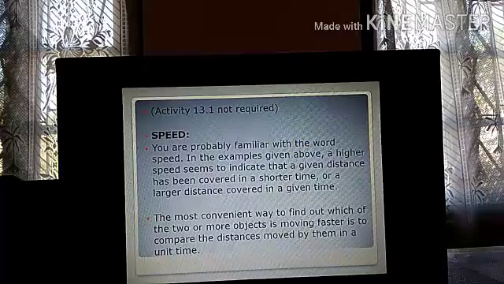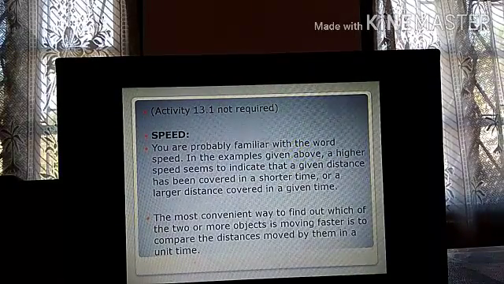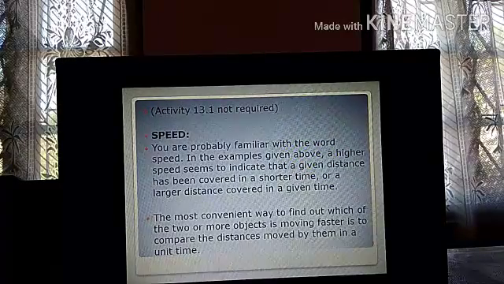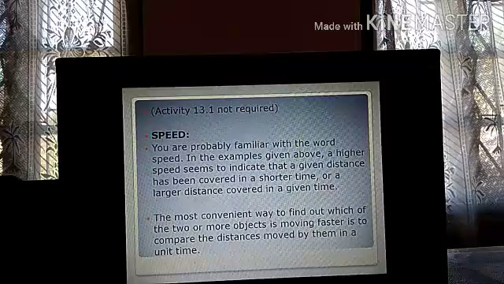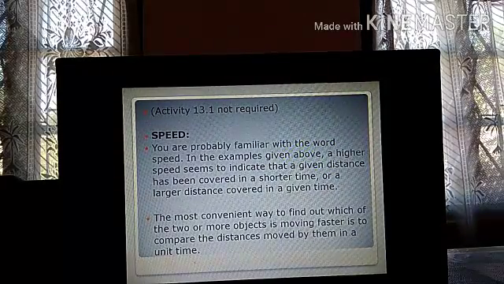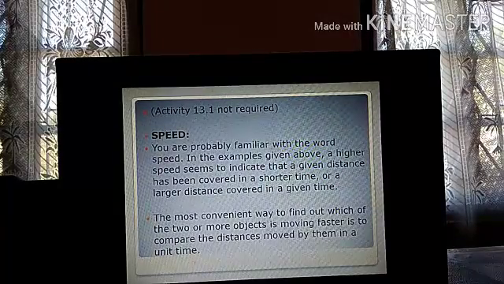Suppose two of you are running on the running track. How will you say that you are running faster than your friend? If you reach the final point in less time and your friend reaches the final point in more time, then definitely your speed will be more and your friend's speed will be less. So how can we say? By comparison.